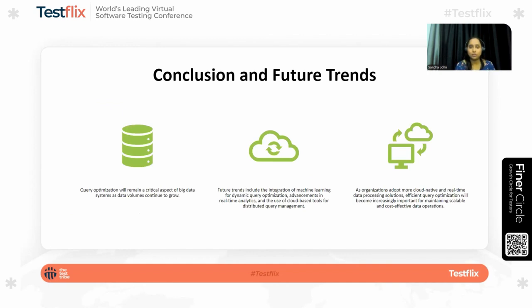Talking about the conclusion and future trends, query optimization will remain a critical part of big data applications and usage. As the volume of data keeps growing, we need to keep evaluating where query optimization is exactly required. Future trends include integration of machine learning for dynamic query optimization, advancement in real-time analytics, and use of cloud-based tools for distributed query management.